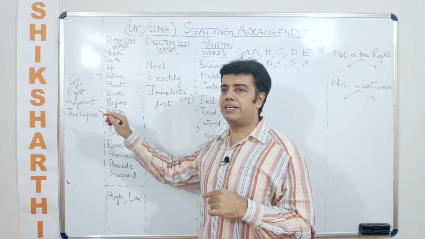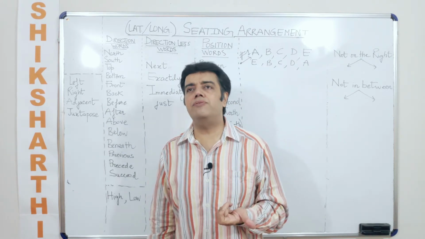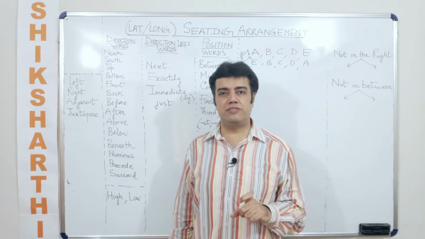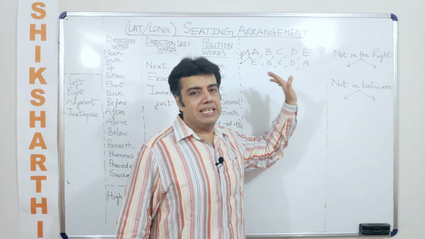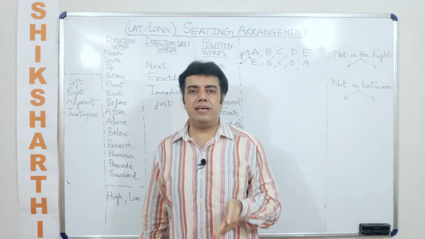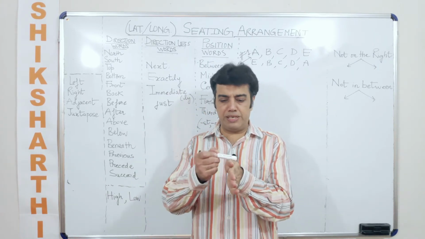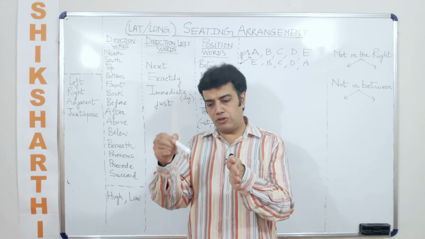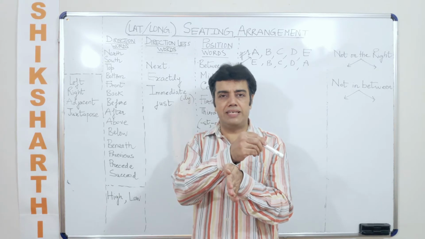Adjacent means immediate. But the word adjacent in a certain way will be directionless, because the moment you say C is sitting adjacent to B, let's say if this is B, C can sit either on the immediate right hand side or on the immediate left hand side.